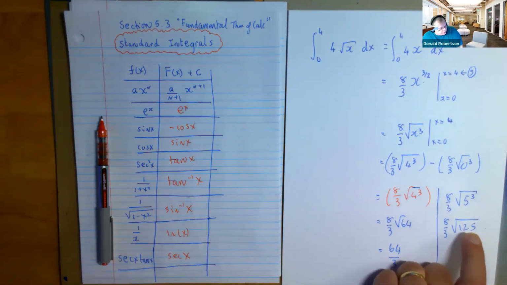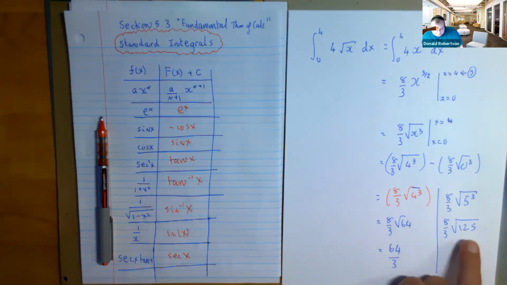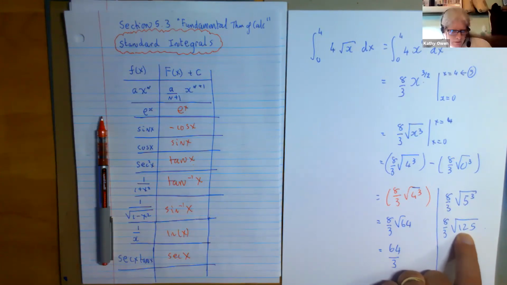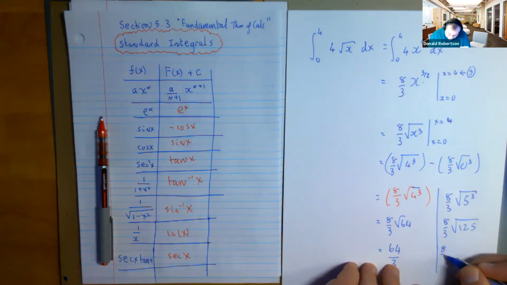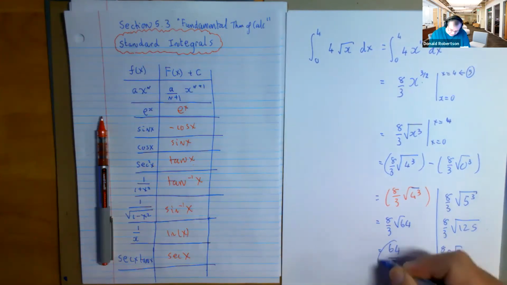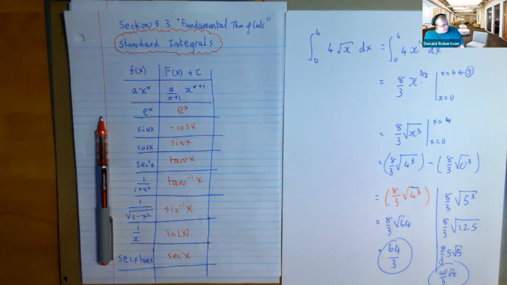But do you know that you can simplify this radical, this root? Agreed? Does anybody know what it becomes before I do it? 5 root 5. It's 25 times 5, it's 5 root 5. So you now have 8 thirds 5 root 5, and that would be your final answer.